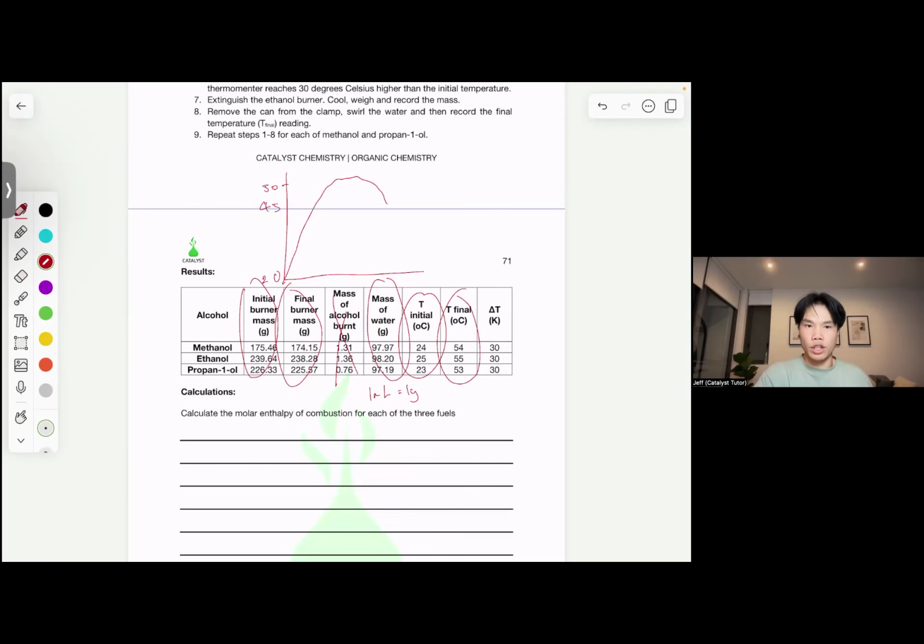What's the change in temperature? Where do you take your point from? This is temperature in degrees Celsius, and this is time. This goes to 45, this goes to 50. What change in temperature do you take?